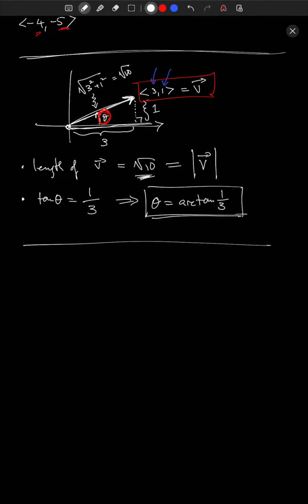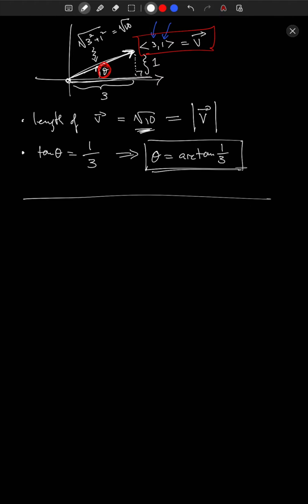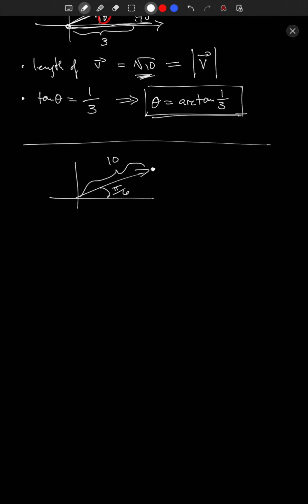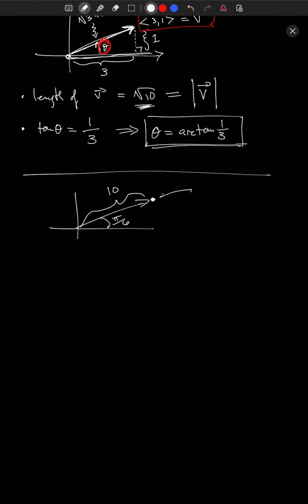Obviously, you could go the other way as well. If I tell you that we have a vector whose angle here is pi over 6, and whose length here is 10, then the other direction would be, this is what comma what, right?